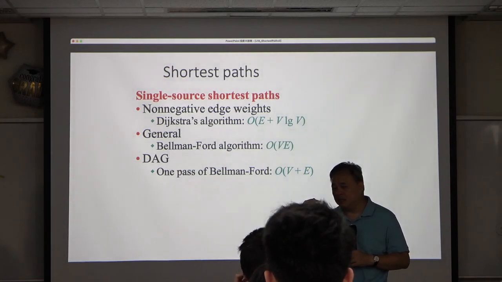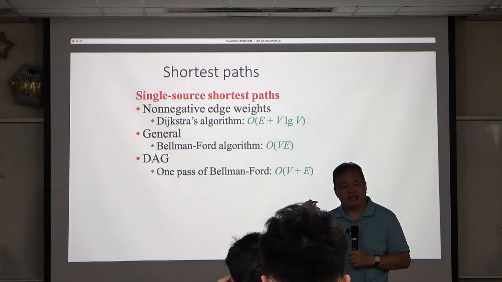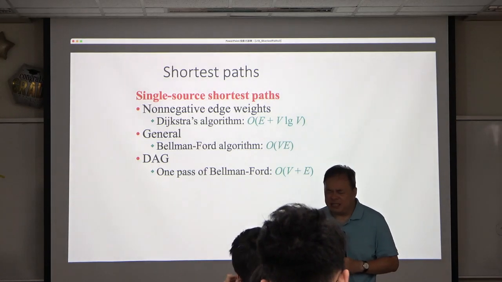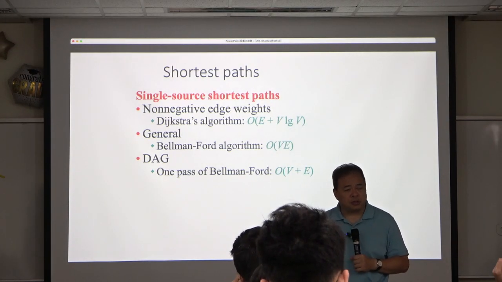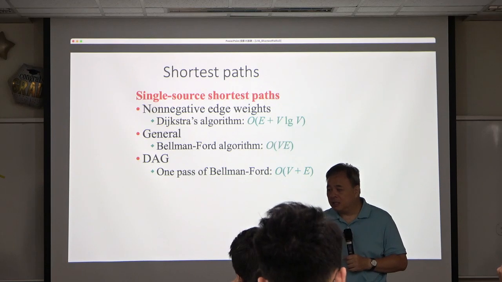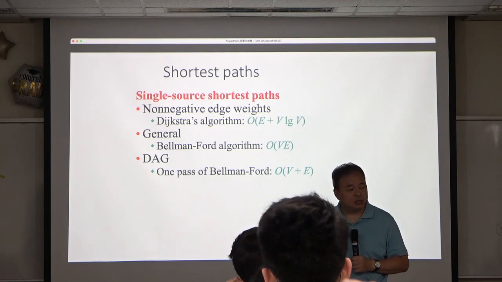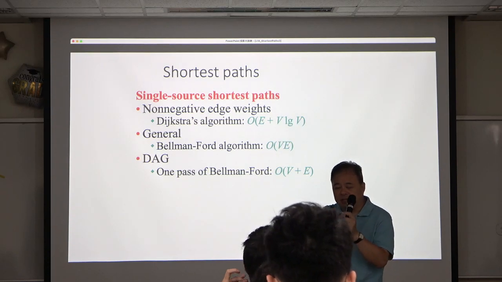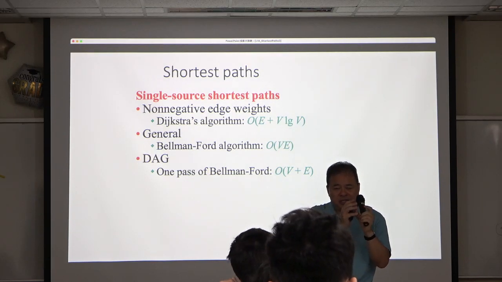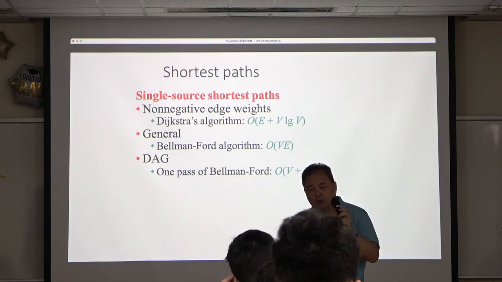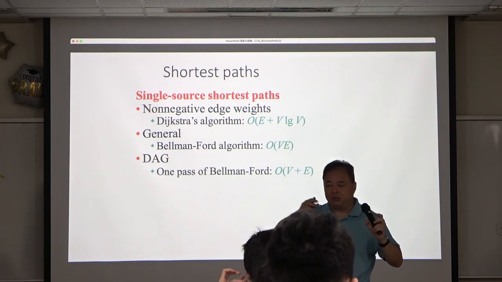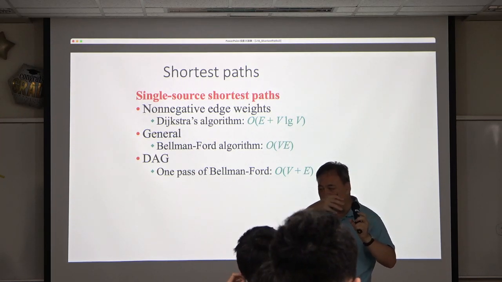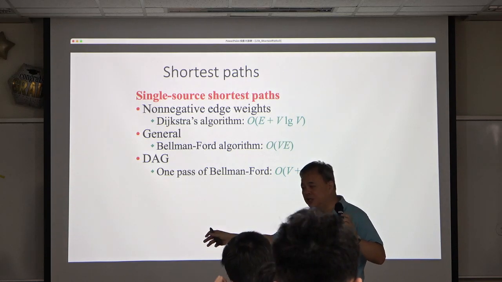But the idea is that you have learned topological sort, right? In data structures, you should have learned topological sort. So first, you can put your graph into a topological sort order, and then do the edge relaxation in that order.